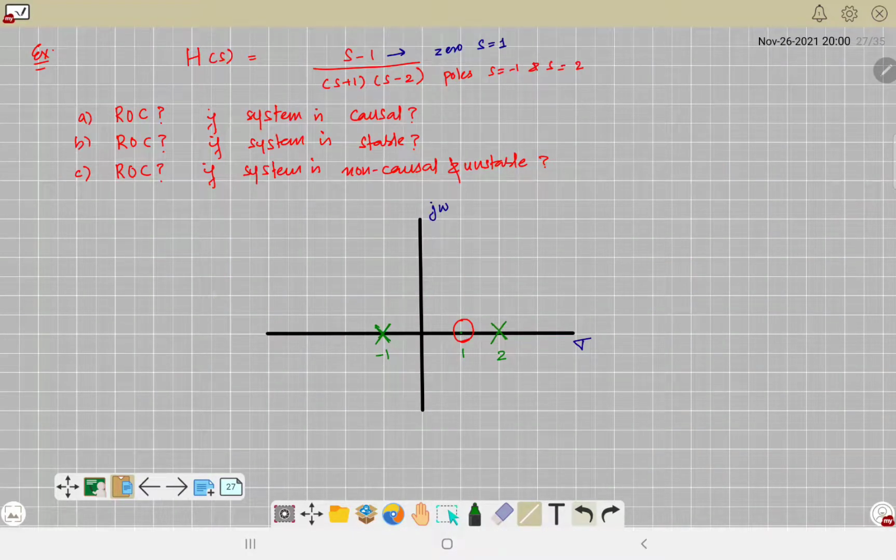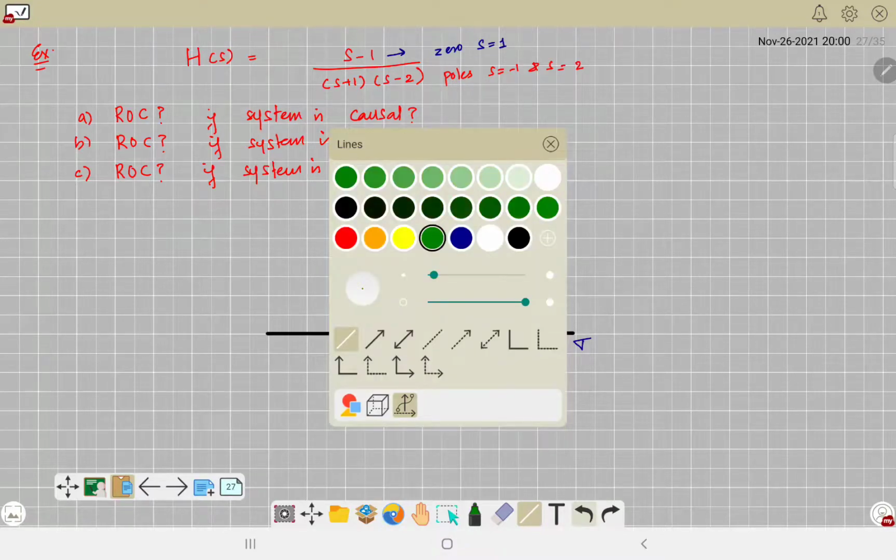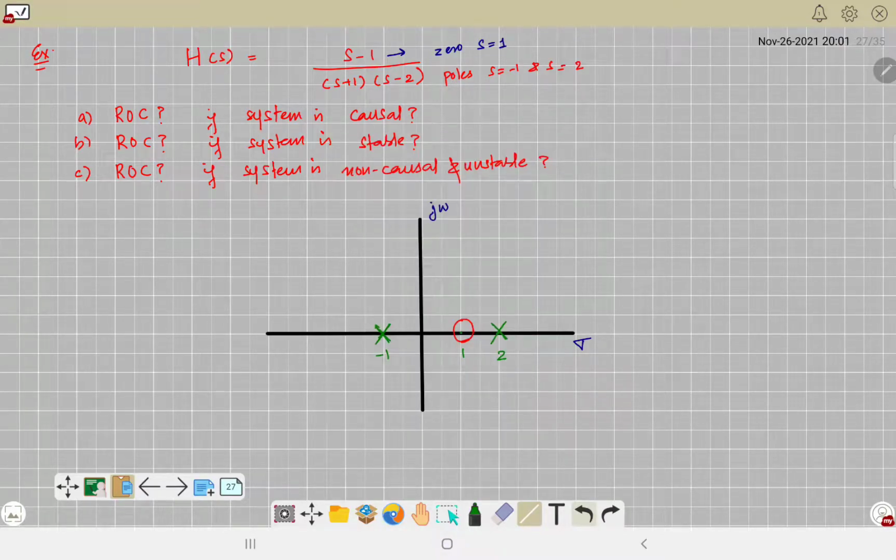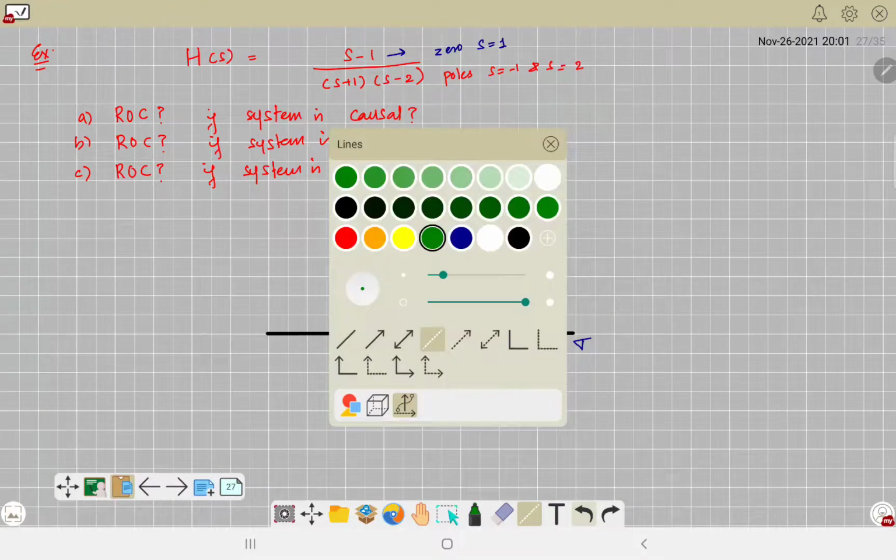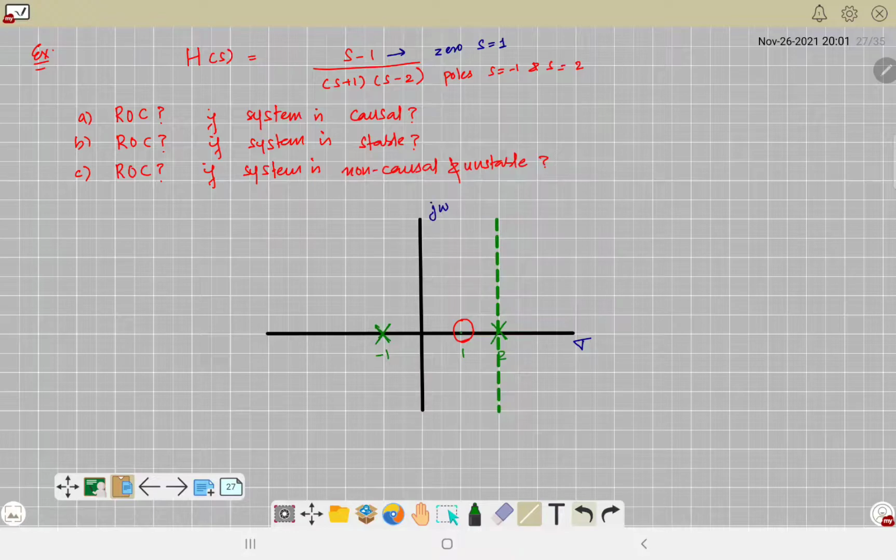The rightmost pole is this, so if I draw an axis through this, then the ROC to maintain this causality will be to the right of this.